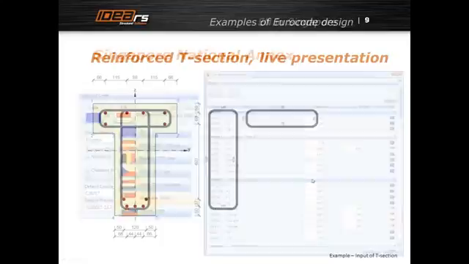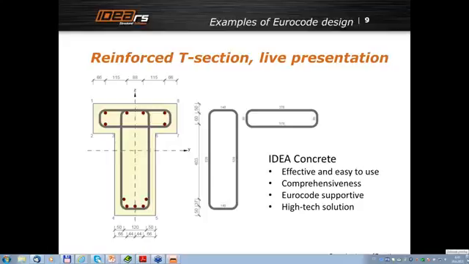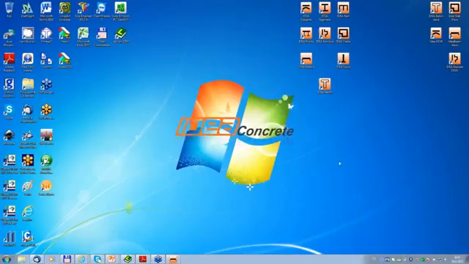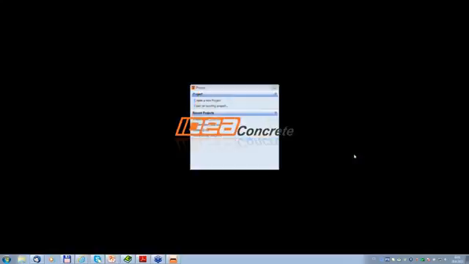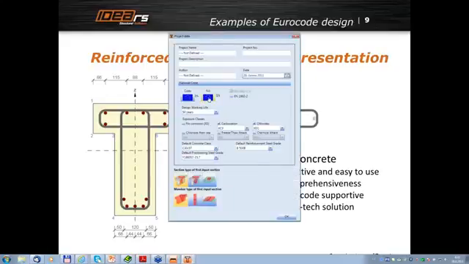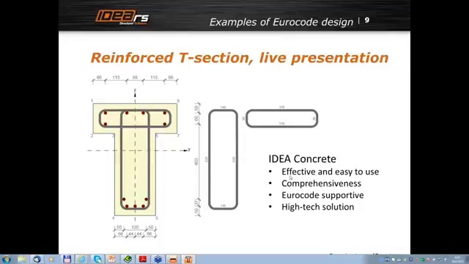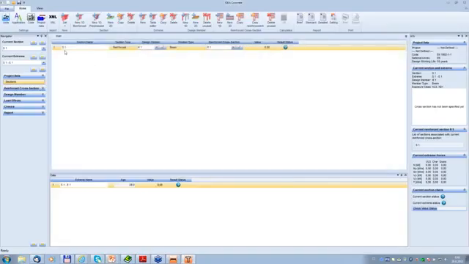Now I will show you a short example of the design of a reinforced T-section. I will start the program, IDEA Concrete, and I will create a new project. You can set the national annex here. You can select the type of section, and after you do it, a window is opened in which one section is defined.